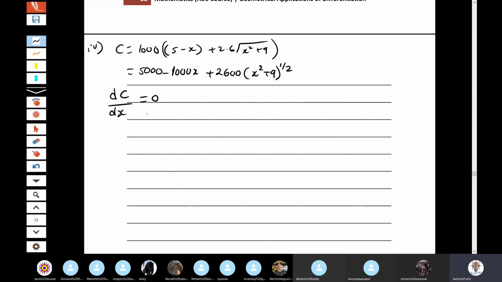Here we go. Equals negative 1,000 plus 1,300 times (x squared plus 9) to the power of negative half times 2x. Anyone at home? Any problems with that chain rule?